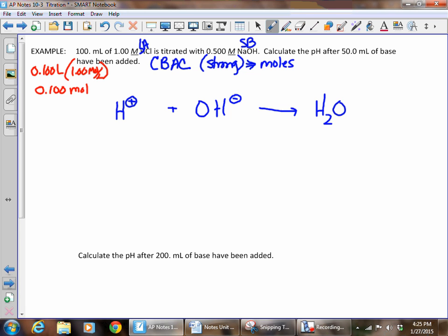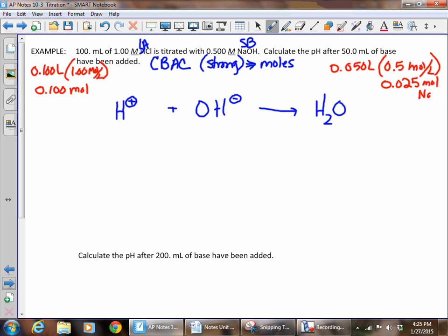And if I've got 0.050 liters of my NaOH, and I'm adding a 0.5 molar solution, then I'm going to end up with a 0.025 mole value for my NaOH.